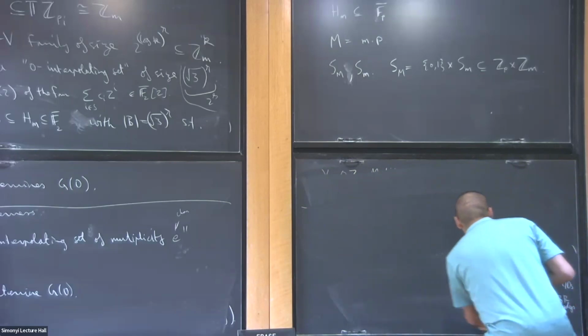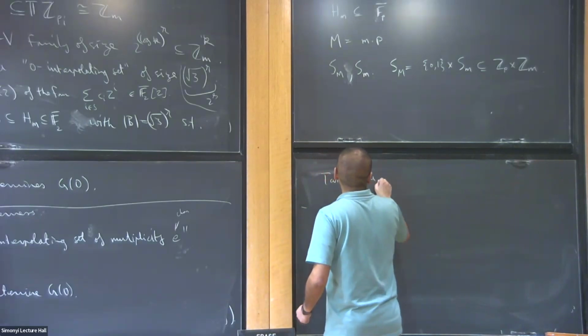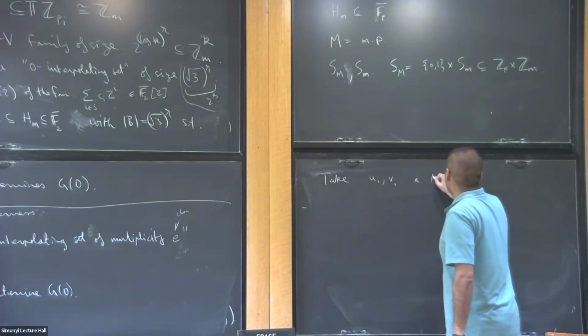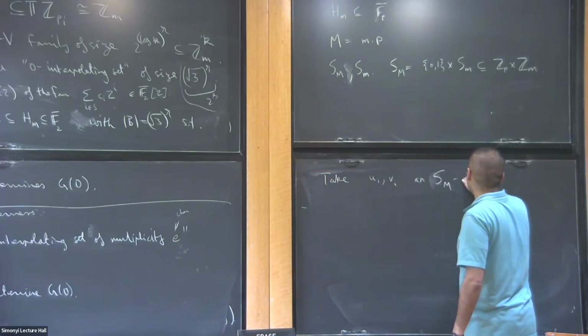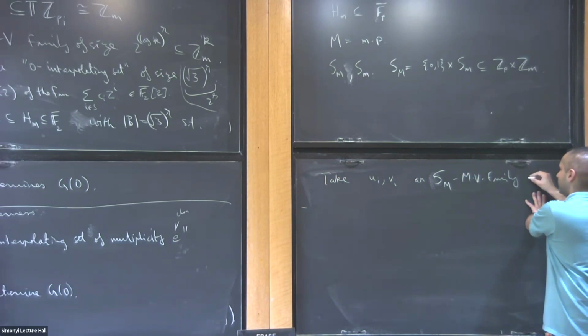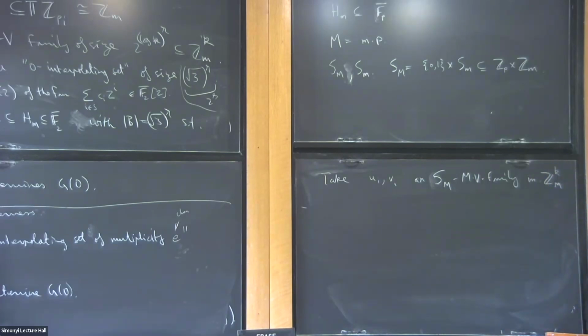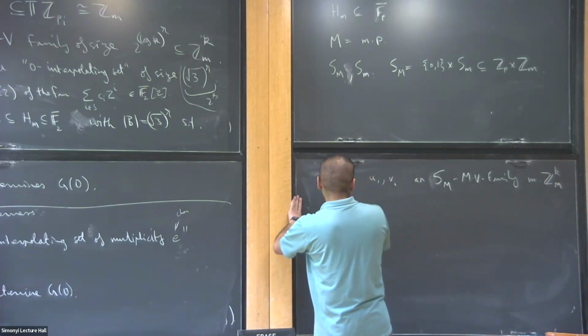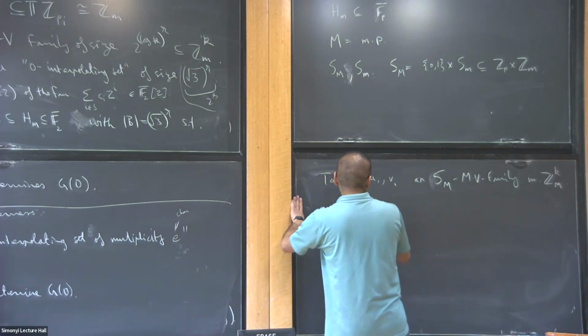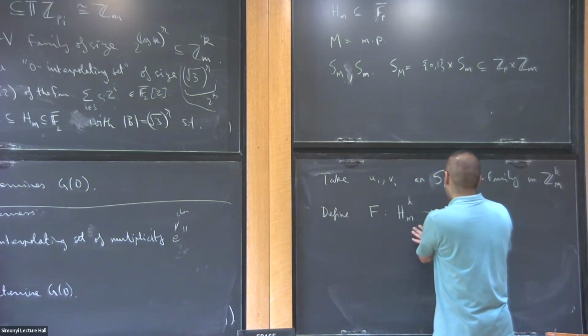Okay, and now take U_i, V_i and S capital M matching vector family, and S_m in Z_m to the K. We took a big S_m matching vector family, and we define F, which is a map from H little m to the K to H little m.